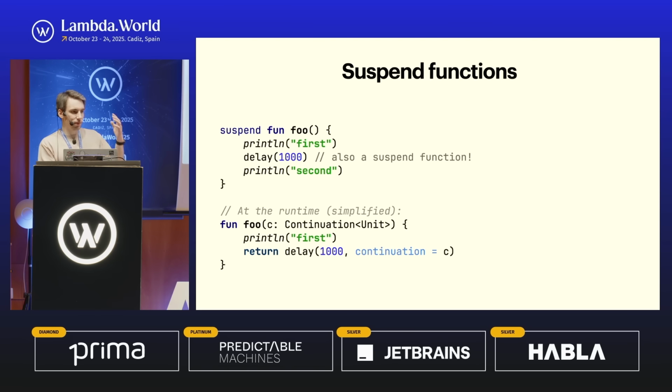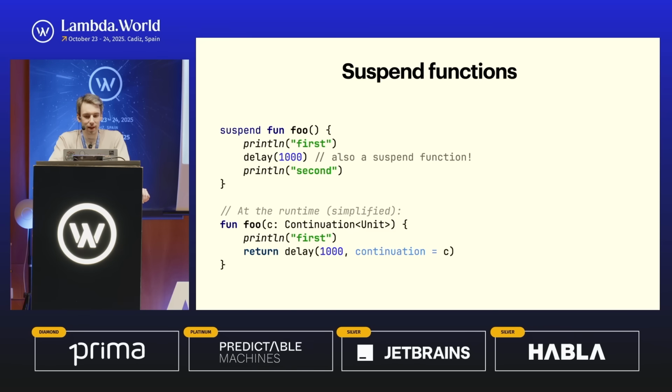It executes the first part before the first suspend function, and then it returns the result of our delay function, which also takes a continuation that knows about the second part, which will be invoked when the delay function resumes.